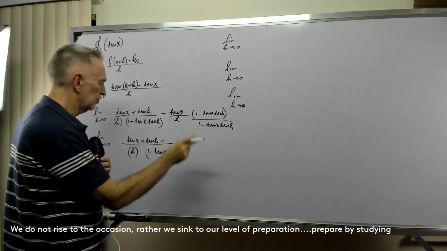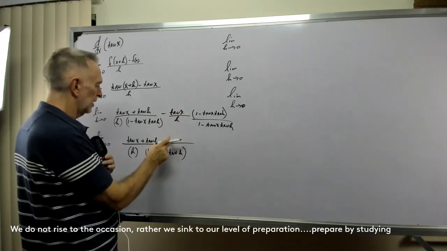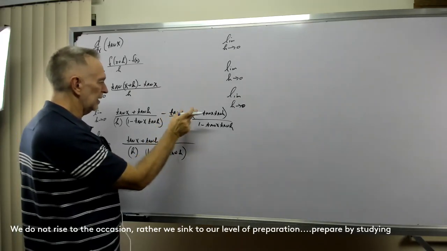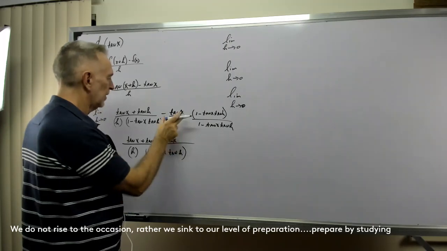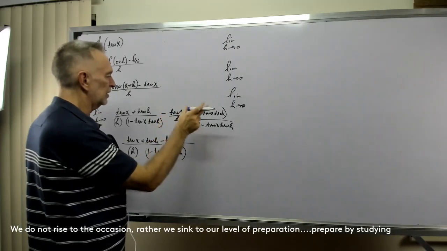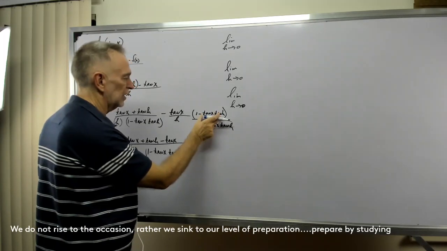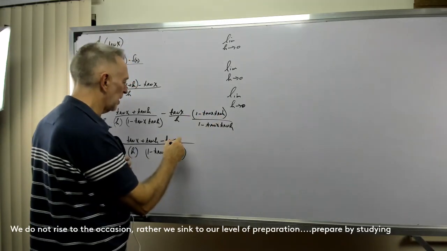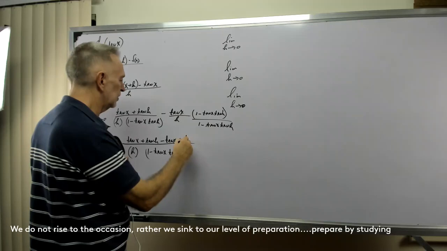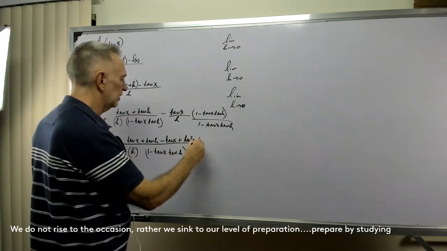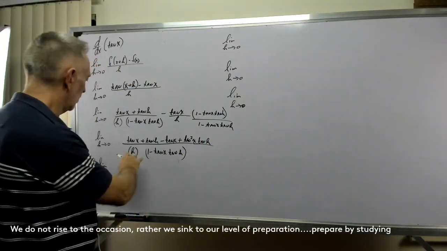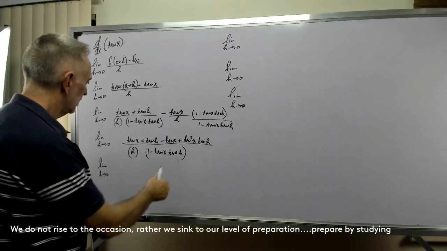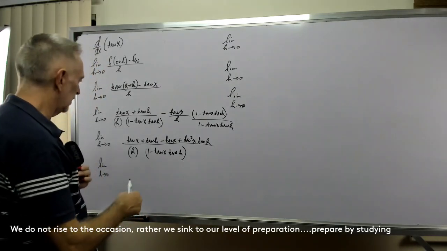Okay, so now I have this negative tangent x times 1, so that gives me negative tangent x. And now negative tangent x times negative tangent x tangent h gives me a positive tangent squared x tangent h. Okay, and all of that's still over that function there. Now then, what can we do?